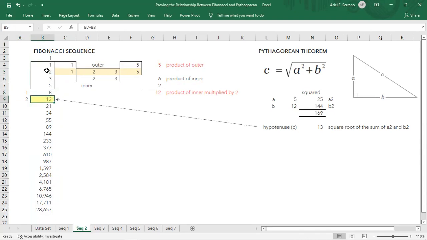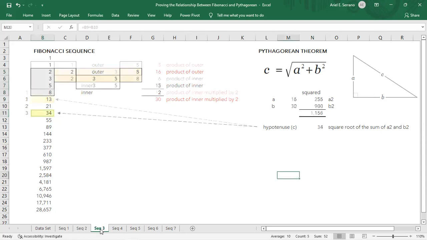Ibig sabihin, kung ito naman yung pipilian natin, 2, 3, 5, and 8, bilang tayo ng steps 1, 2, 3. So, do we mean to say that we are expecting that the hypotenuse, if we will select this 2, 3, 5, 8, bilang tayo 1, 2, 3, is 34?